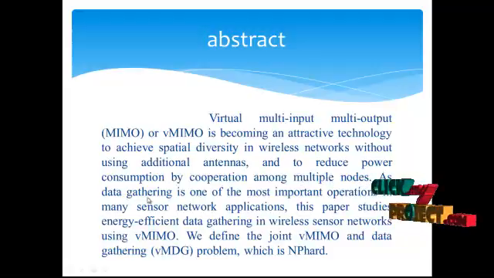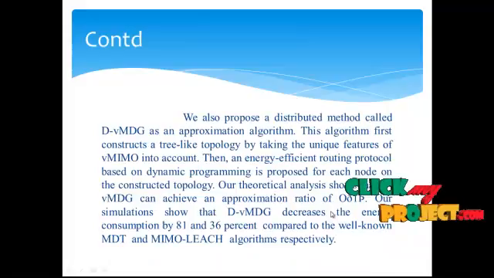As data gathering is one of the most important operations in many sensor network applications, this paper studies energy efficient data gathering in wireless sensor networks using VMIMO. We define the joint VMIMO and data gathering (VMDG) problem, which is NP hard.